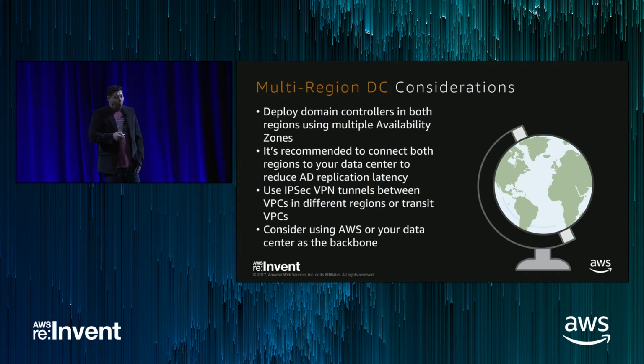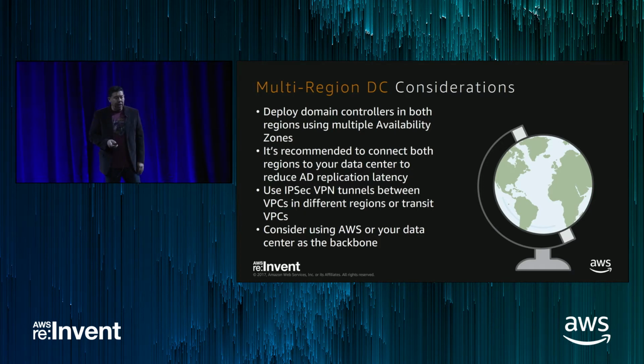Now, if you're deploying ADDS into multiple regions, there are some things to keep in mind with that as well. Even though you have a domain controller in multiple regions, you still want to have high availability within that region. So still you want to place at least 2 domain controllers in multiple availability zones in, let's say, the US West 2 region, and 2 domain controllers in multiple availability zones in the US East region, for example.